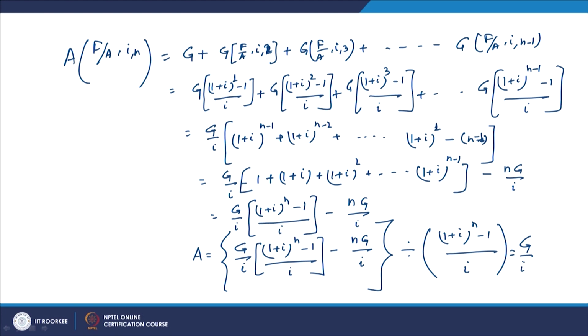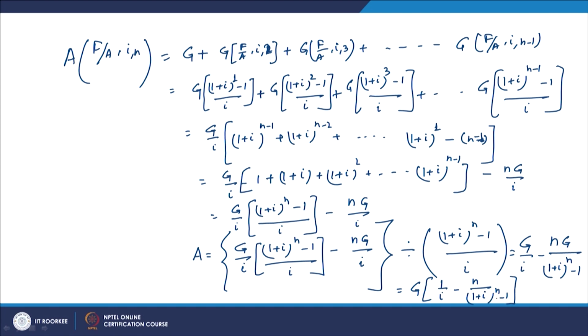So, it will be minus n G upon I, and this I will vanish. So, n into G divided by (1+I) raised to the power n minus 1. What you see is you can have G as common, and it will be 1 by I minus n upon (1+I) raised to the power n minus 1.